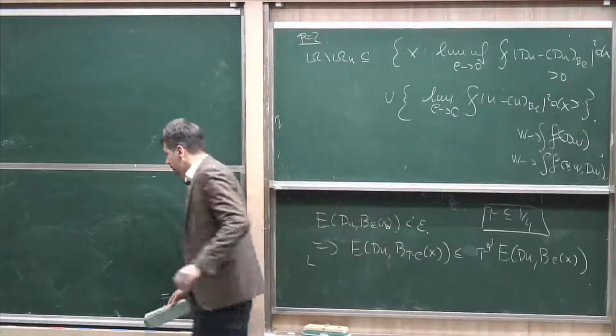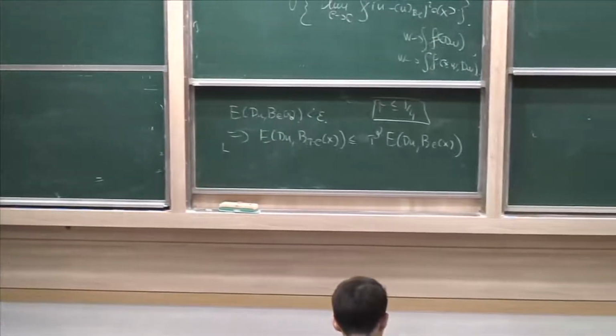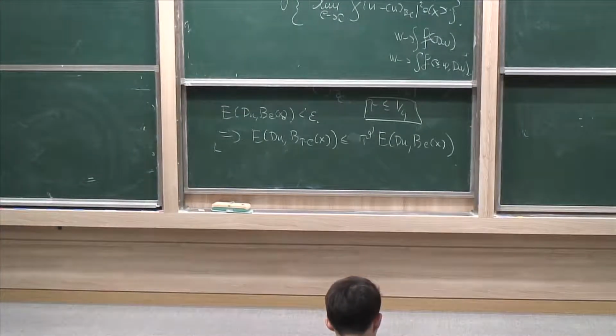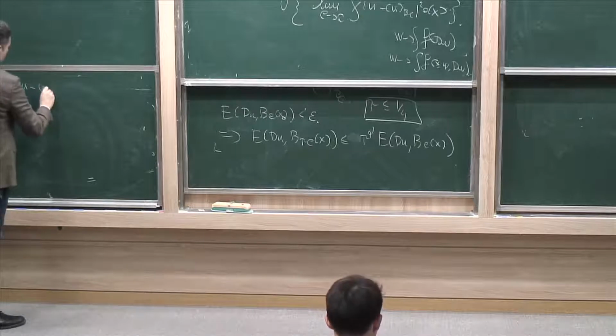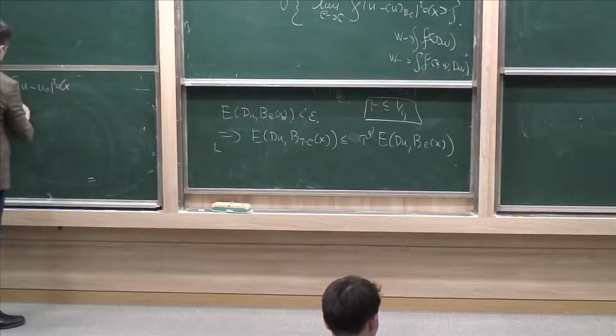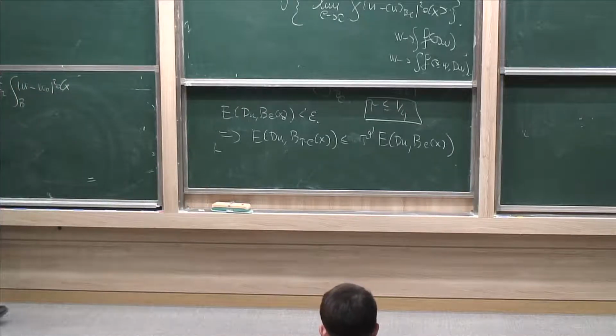It allows you, in the scalar case, to control the gradient on B_rho squared, less than or equal to 1 over rho squared times the modulus of u minus a certain constant, let's say u0, squared. And this is suitable to control the oscillations of u, because the gradient, dimensionally speaking, is an oscillation of u.